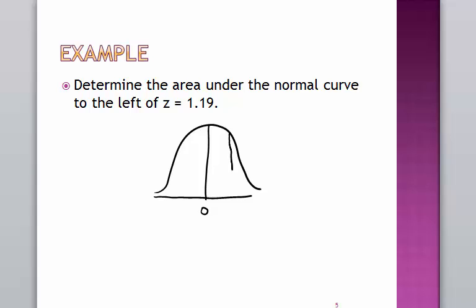So I'm going to draw a line for 1.19, and we want to shade to the left. So we're talking about shading everything to the left of 1.19. And so again, remember that our table finds the area to the left of a given z-score. Since our z-score is positive, we're going to go to the positive table.